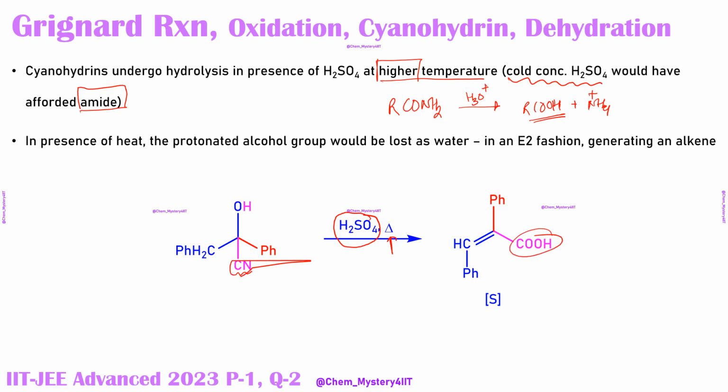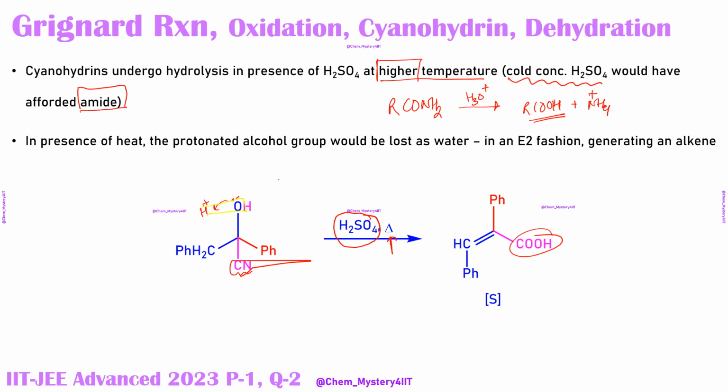At the same time, in the presence of heat, this oxygen also gets protonated. So if this oxygen is being protonated by H plus, this whole group becomes a good leaving group.